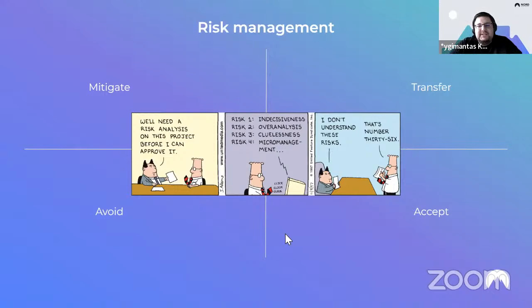This strategy is closely related to another very common strategy, to deny or ignore the risk. They relate because in both ways you basically do nothing. With the accept strategy, you do nothing because you did the research beforehand.